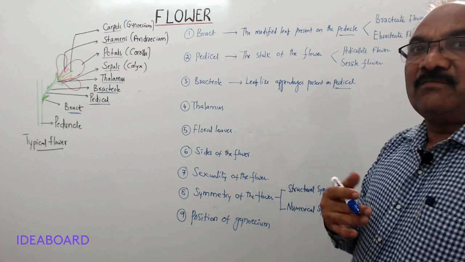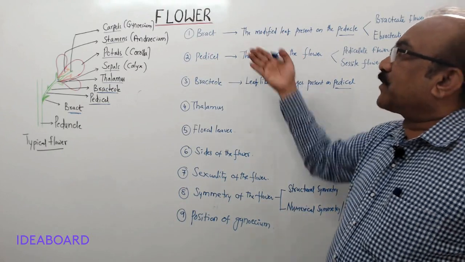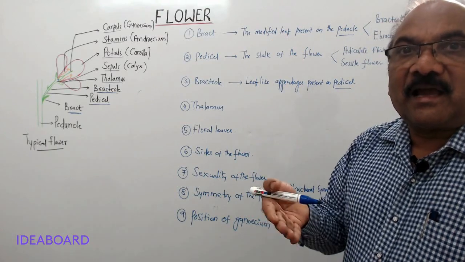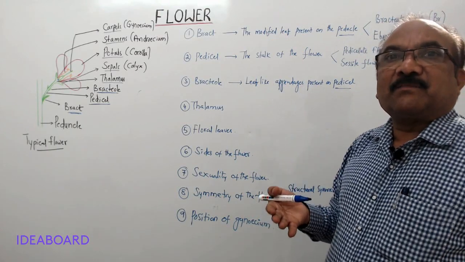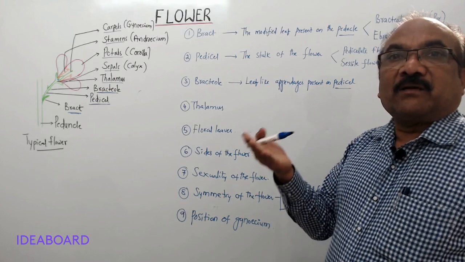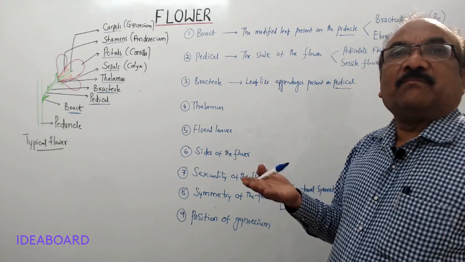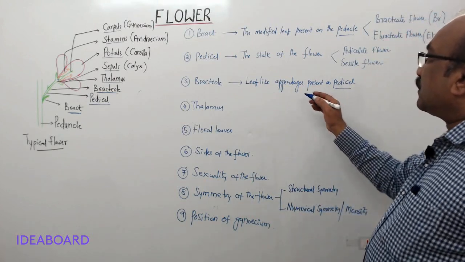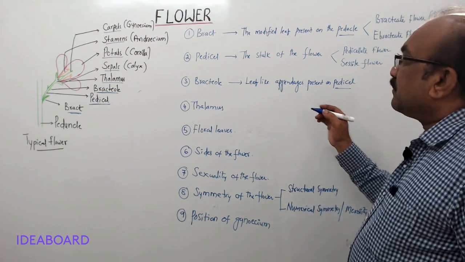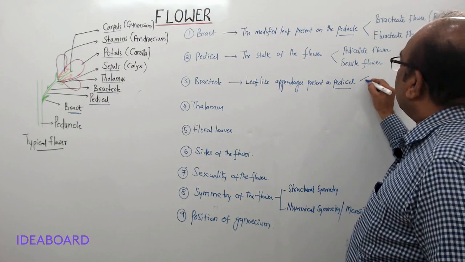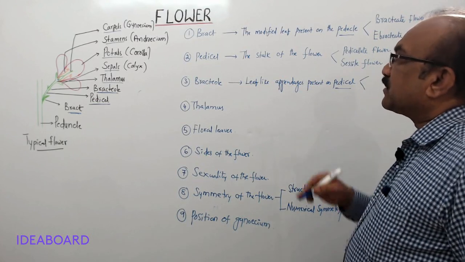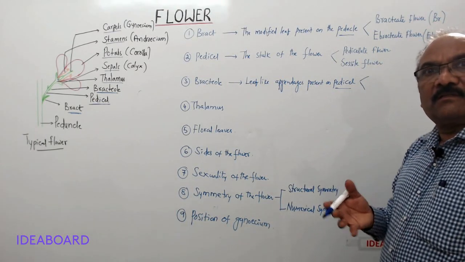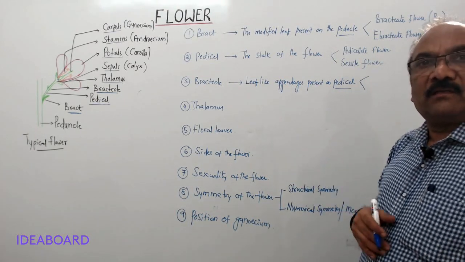Then how to differentiate? In the bract you will find one axillary bud. In the axil of the bract, axillary bud is present, and that will become a flower or it may become a branch of the peduncle. Okay, so these are leaf-like appendages, and even here you find two conditions. This bracteole may or may not be present. That means there is no rule that the bracteole should be there.